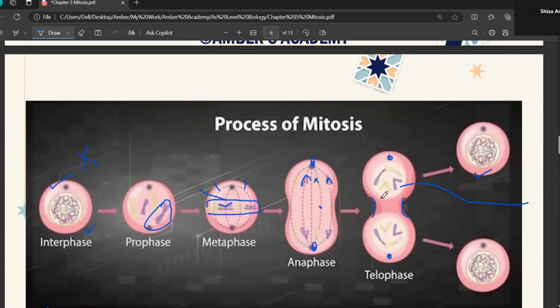At this point, right after telophase, you can see a cleavage being formed at the site of the cytoplasm. So this is now indicating that the cell will start separating from here, and from this stage we say that cytokinesis has happened. In cytokinesis, your cytoplasm splits up and you can say that daughter cells have been formed.